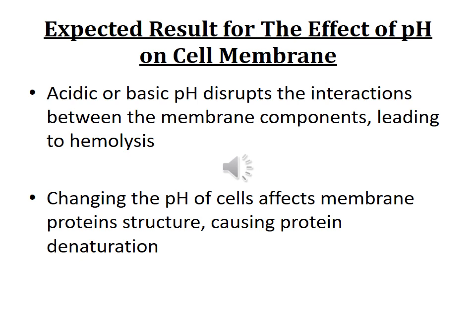If I add an extremely acidic or an extremely basic pH, this interferes with the charges. And when the charges are affected, this creates an alteration in the 3D shape of the protein, therefore destroying its function and creating holes, which causes hemolysis. So basically this allows the red blood cells to leak to the outside.